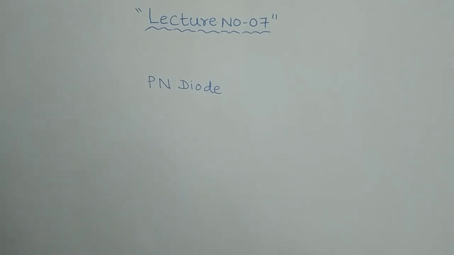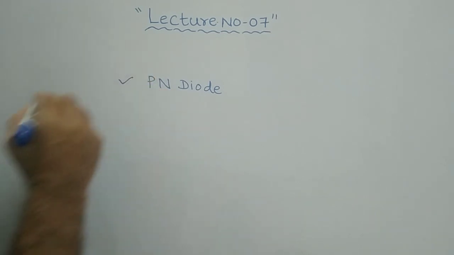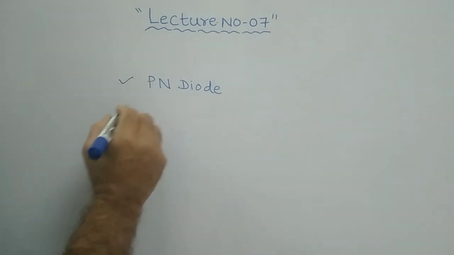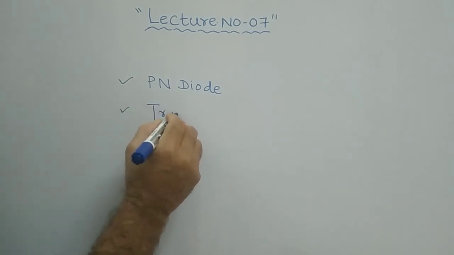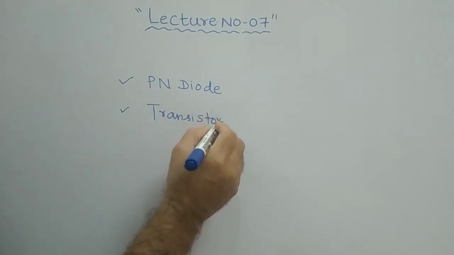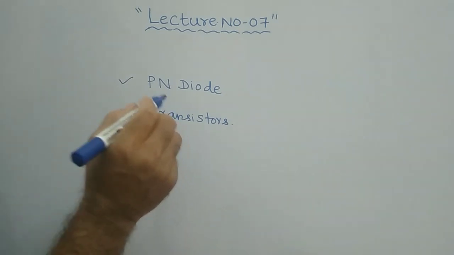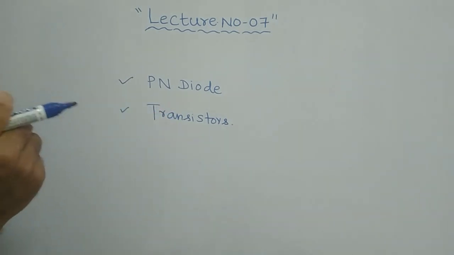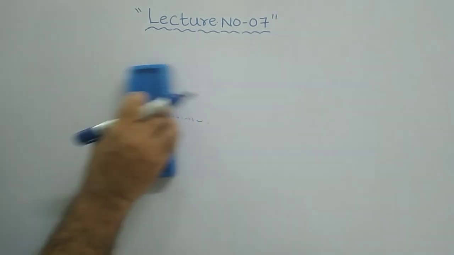Right now, this is the basic building block as far as your academics is concerned. After that, the next very important topic or chapter is the transistor. So this is one of the very important chapters from your EDC subject point of view.